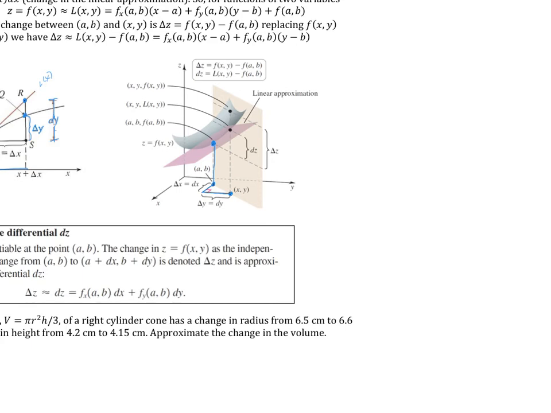When we're at the point (x, y), we've gone a distance of delta x and delta y. This point now corresponds to a point on the tangent plane, and here we're looking at a change in our z values. Since it's on the tangent plane, it's our differential dz. But it also corresponds to a change in the z values on our surface, which is our delta z.